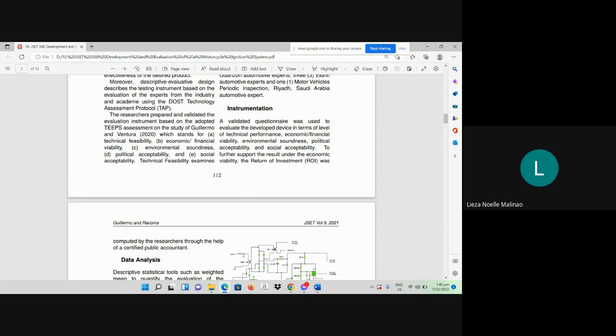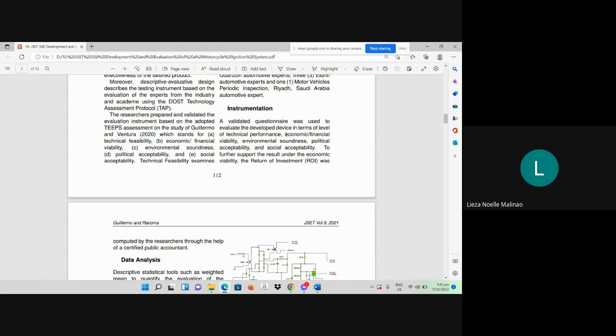So the authors are saying that they had the experts evaluate the device using a questionnaire, including its technical performance, in terms of the actual performance of the device, how well does it work?